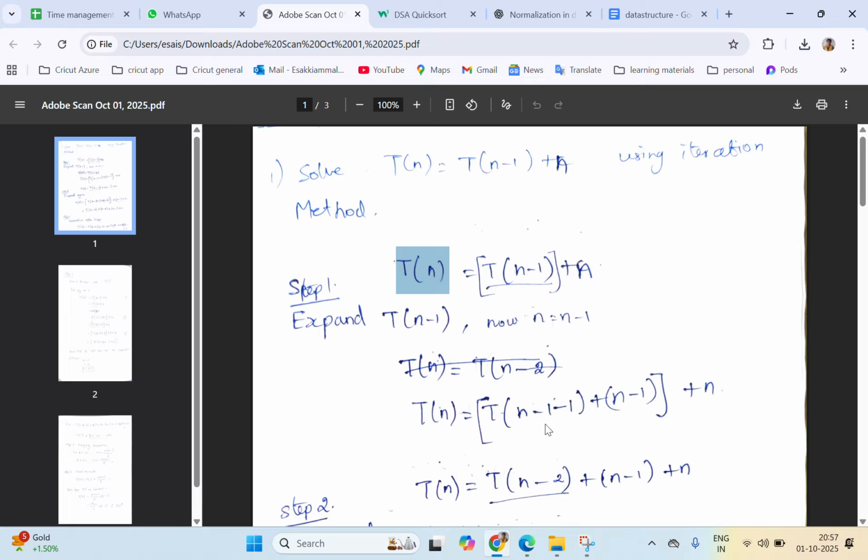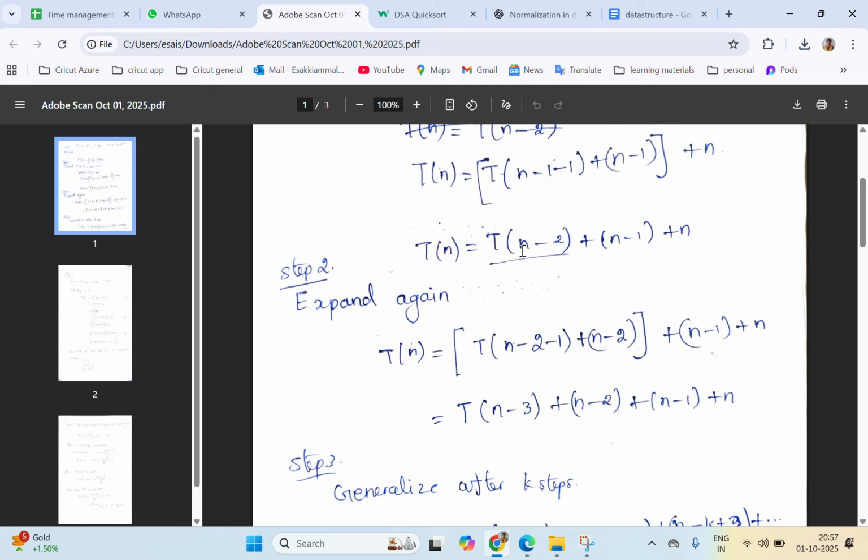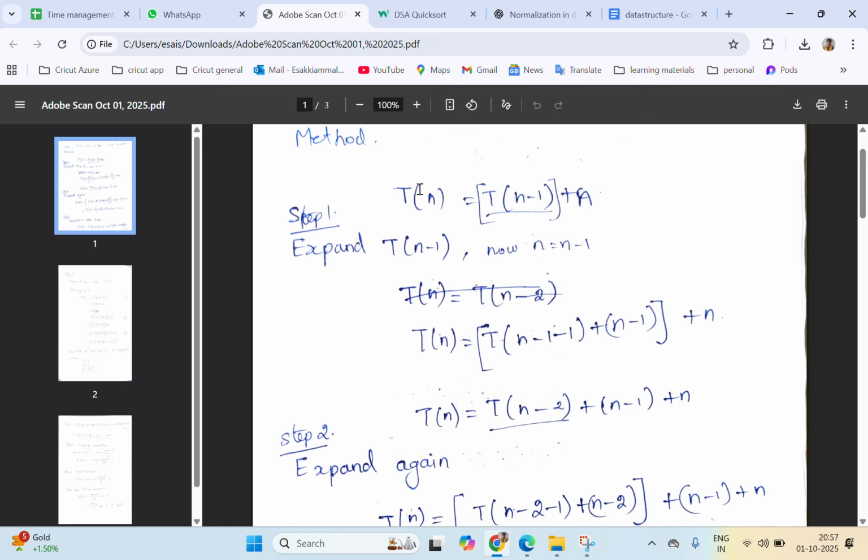To expand T(n-1), we apply the same formula again, so this is T(n-2) plus n-1 plus n. Again, for this T(n-2), we need to apply the same rule, T(n) = T(n-1) + n.